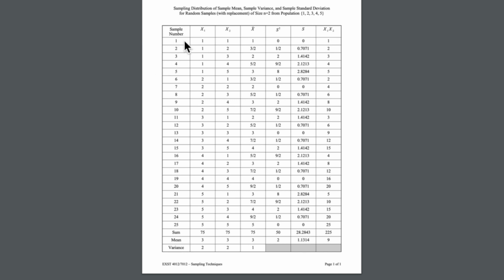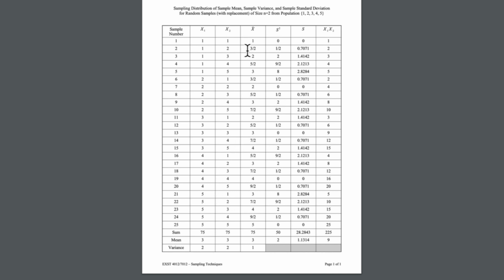So you have samples 1 through 25, and you can see here that there are 5 samples where x1 is equal to 1, 5 samples where x1 is equal to 2, 5 samples where x1 is equal to 3, 5 samples where x1 is equal to 4, and finally 5 samples where x1 is equal to 5.